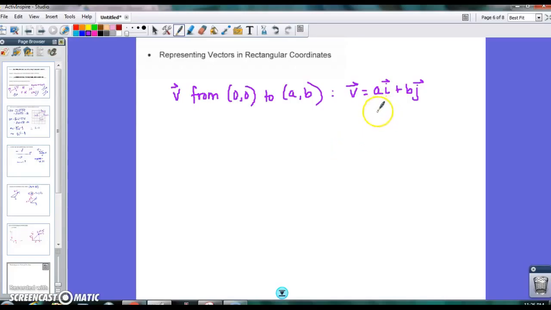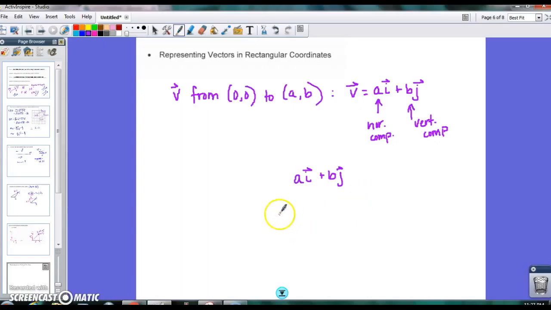So a is the horizontal component of the vector v, and b is your vertical component of the vector v. Okay? If you think of it as ai plus bj, as the linear combination of i and j, it takes those two, the horizontal and that vertical vector, and combines it into one vector.